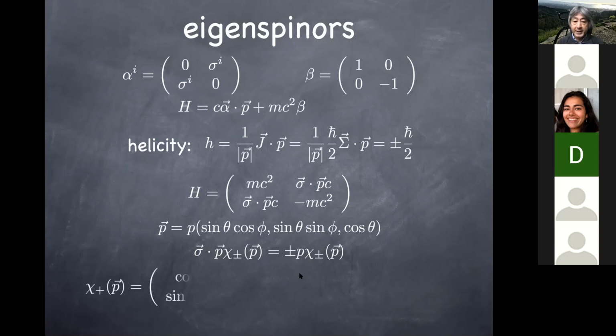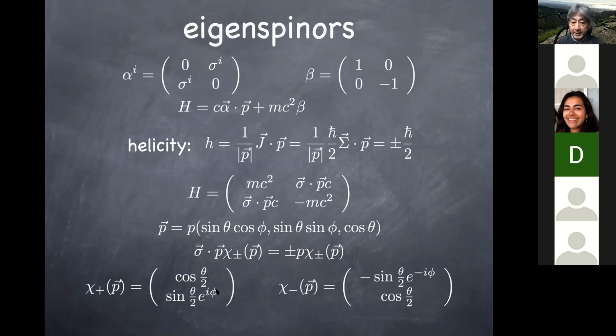And then you can write this out very explicitly. The two-component eigenspinor with the positive eigenvalue is written this way. And you see the polar angle with a half in it. This is a sign that we are indeed talking about something of spin 1/2. And the eigenspinor with a negative eigenvalue is this one, again with theta over 2.